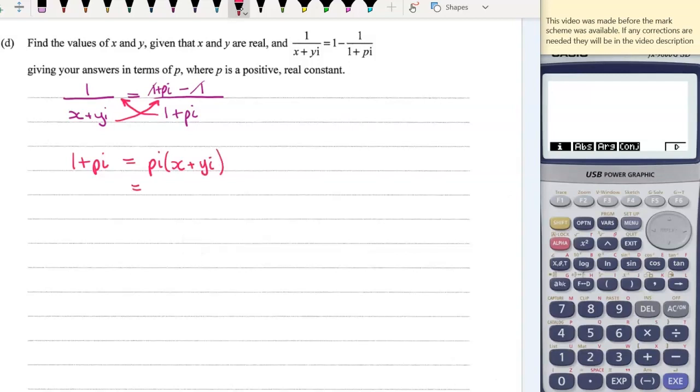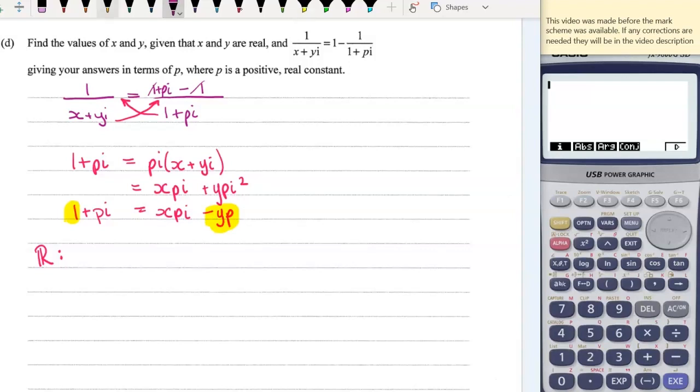So we have that expands to xpi plus ypi squared, which is xpi minus yp, since i squared is minus 1, stays equal to 1 plus pi. Now let's look at the real parts of that. So the real parts on the left is 1, on the right is minus yp.